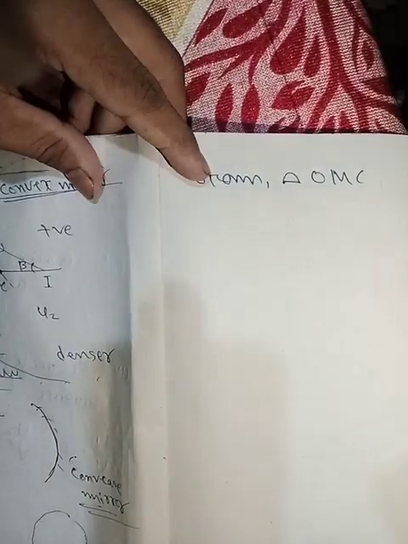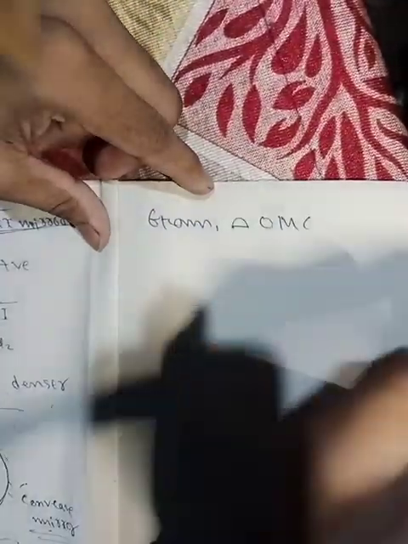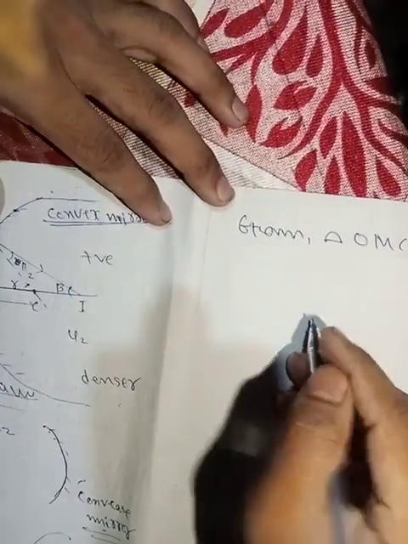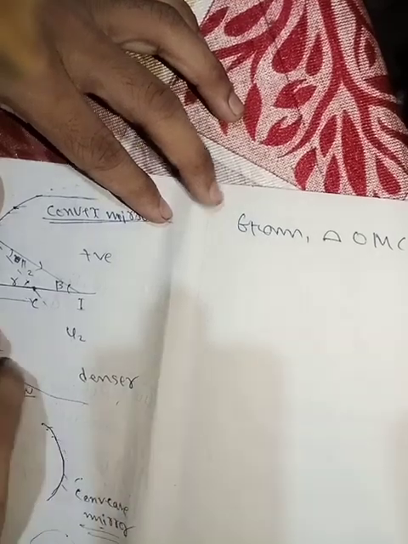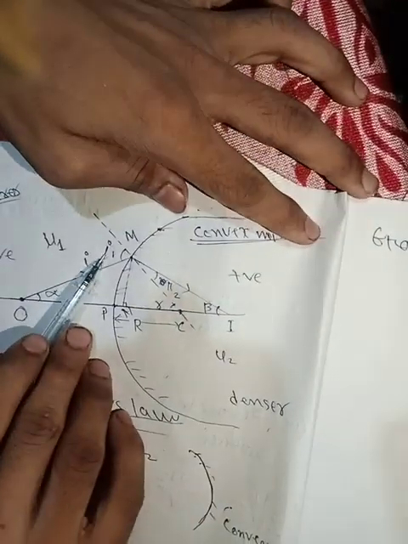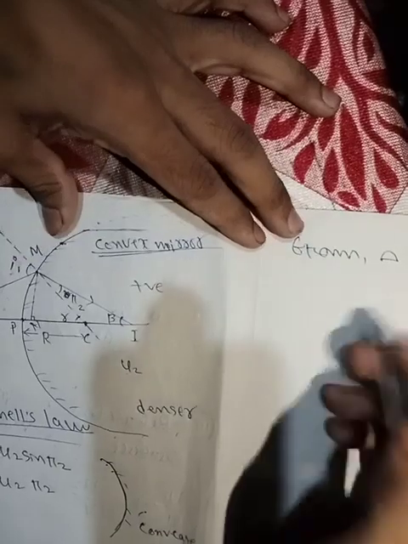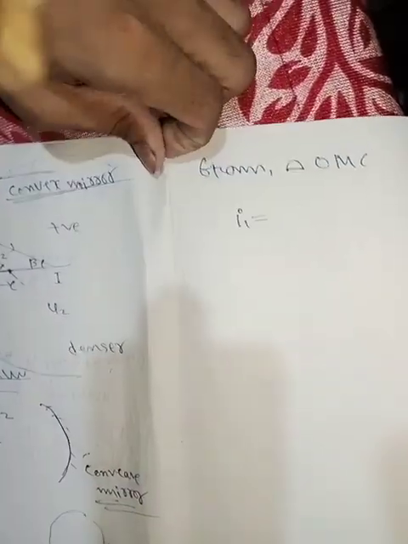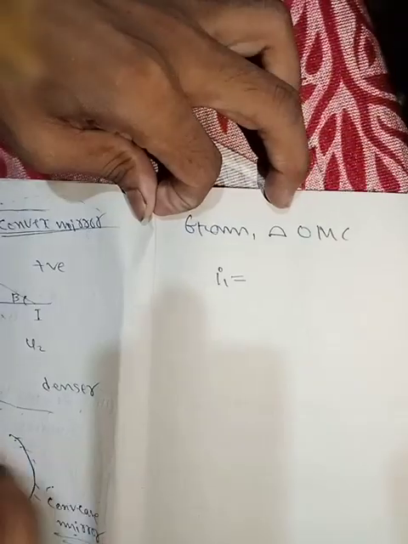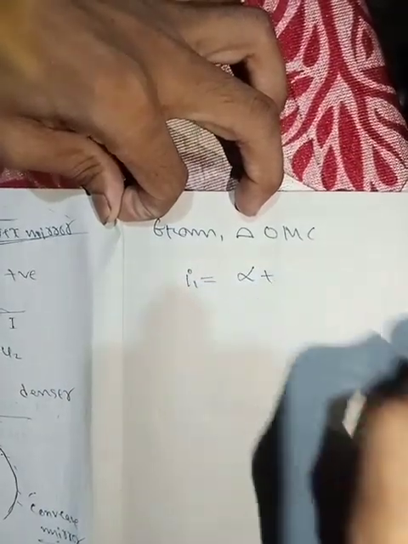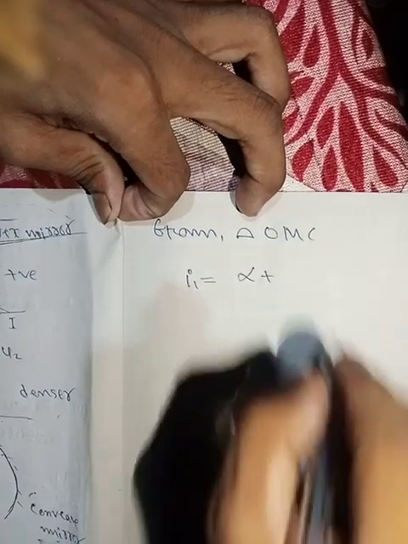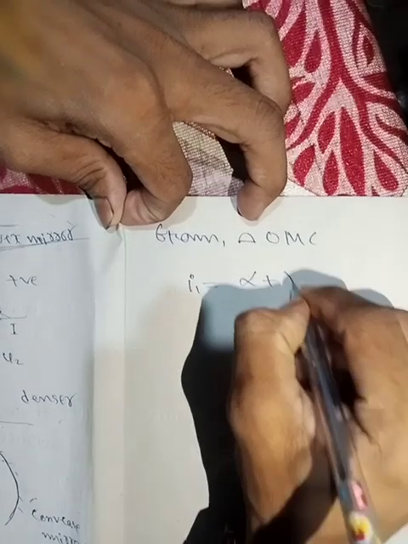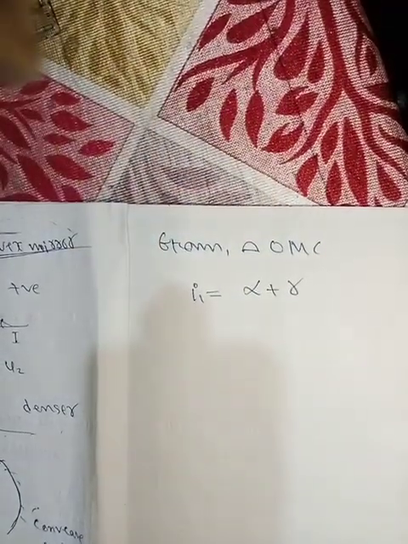From this triangle, how do you find I1? I1 is equal to alpha plus gamma.